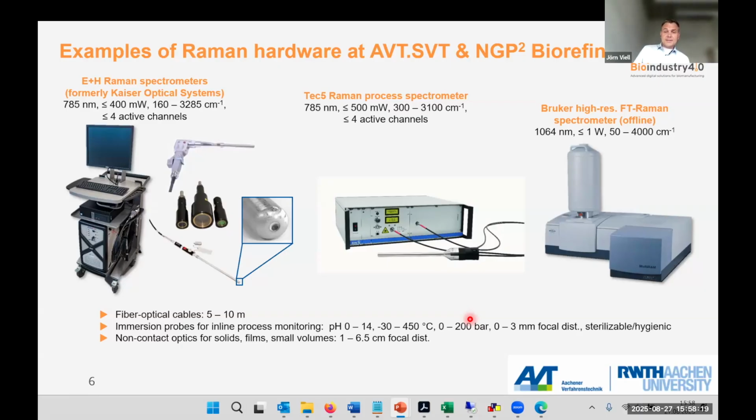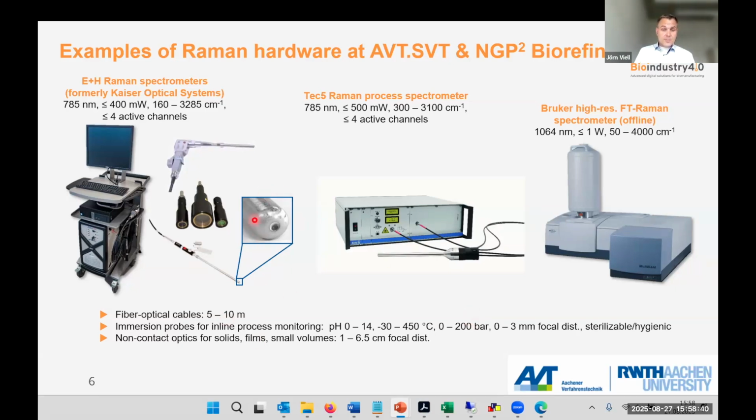The latter one here is a stationary FT Raman spectrometer. They can be connected to a process via optical cables, easily 5 to 10 meters, even up to 200 meters is possible. You can use immersion probes for inline process monitoring.